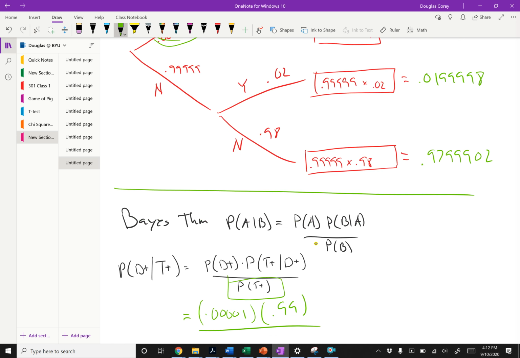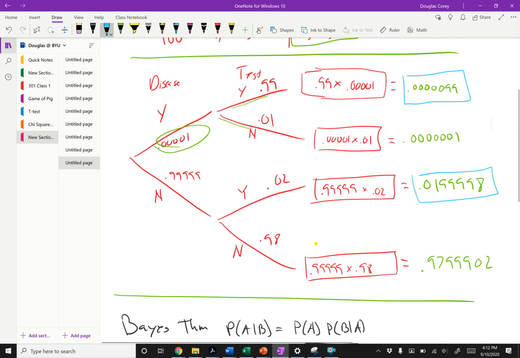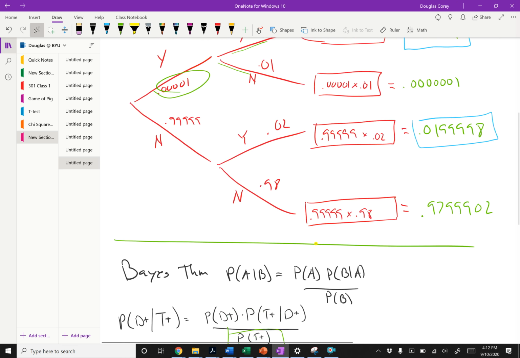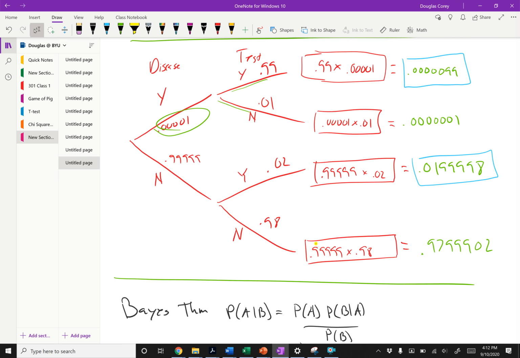So the probability of testing positive, well, the two places you could test positive are here. You can have the disease and test positive, or you cannot have the disease and test positive. Those are the only two places. So these are already probabilities. Since this is an or situation, I can test positive by having the disease or by not having the disease.